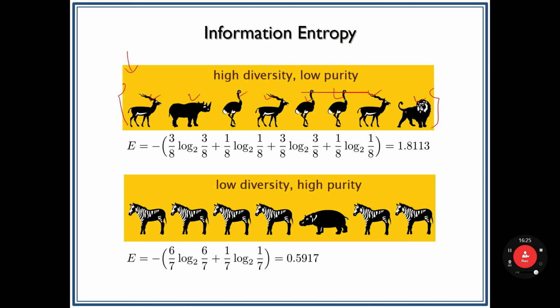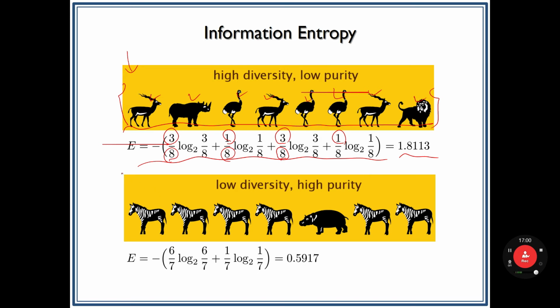There are different types of animals in this set among 8 animals. So by using the formula of information entropy, we can calculate the entropy of this set. Among 8 animals, 3 deers, 1 rhino, 3 ostriches, and 1 lion. By computing this, we get 1.8 information entropy.